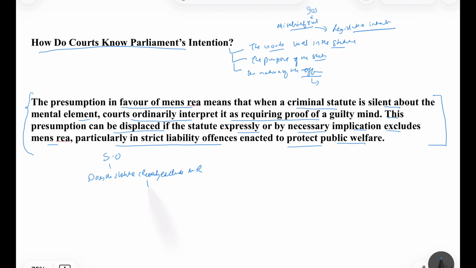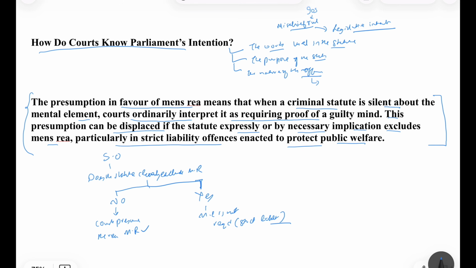If they are not mentioned, then courts presume the requirement of mens rea. And if yes, then mens rea is not required. Strict liability.